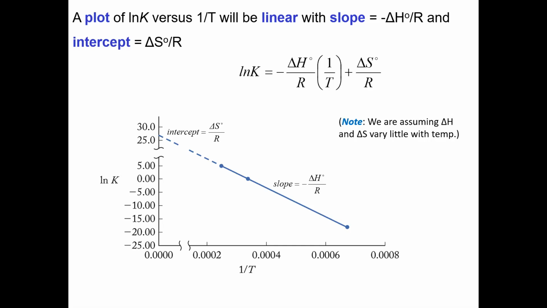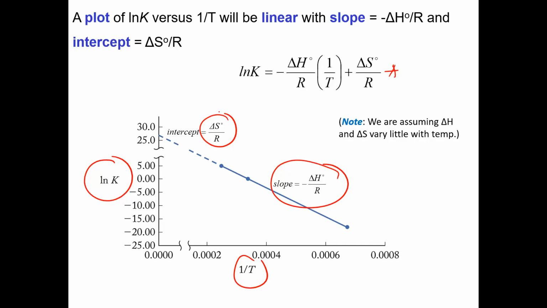According to my equation, I'm going to get a straight line with slope negative delta H on R and intercept delta S on R. So that's kind of helpful. If I determine K at a series of temperatures, I could get delta H and delta S. Similarly, if I had delta H and delta S, I could get K at a particular temperature.